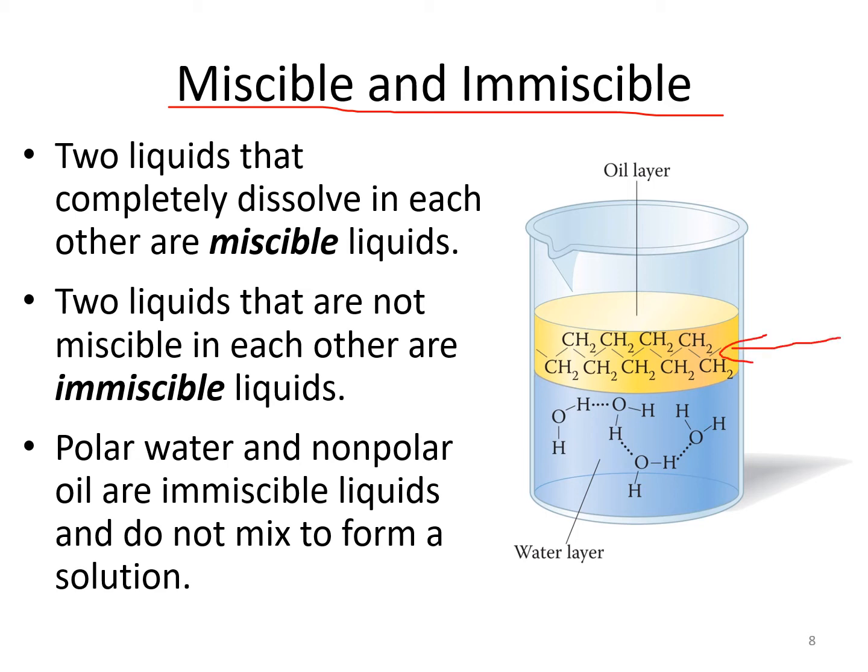We have the oil on top, non-polar, the water on bottom, that is polar. This is an example of immiscible liquids and therefore a heterogeneous mixture. Two liquids that completely dissolve in each other, like methanol and water, are miscible and they form solutions, which are homogeneous mixtures. Remember, all solutions are homogeneous mixtures.